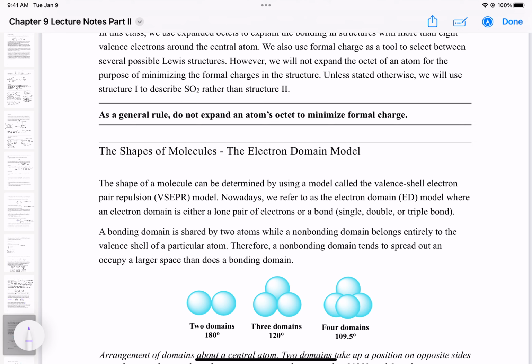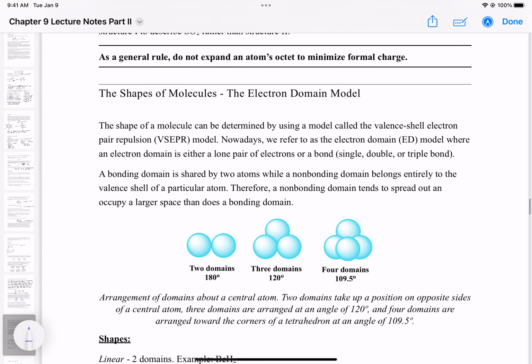All right. So the kind of introduction to this is we have 2 domains. You'll get a linear compound like we see here, 180 degrees. So the degree represents the bond angles between the spheres. So you have only 2 domains like CO2.